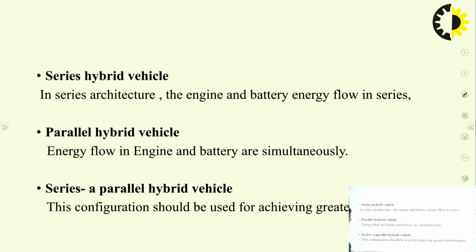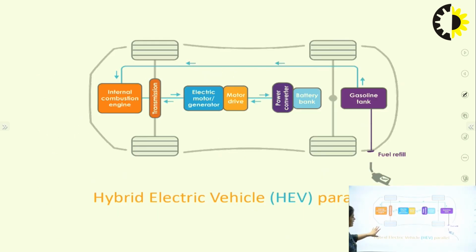So if you see in this diagram, this is the parallel hybrid electric vehicle. This is the battery bank. Through the battery bank, power flows through the electrical side, and finally goes into the transmission, and the other power flows from the gasoline tank.